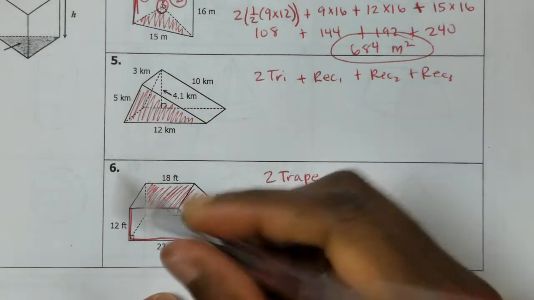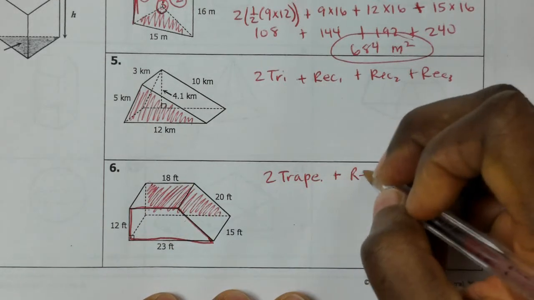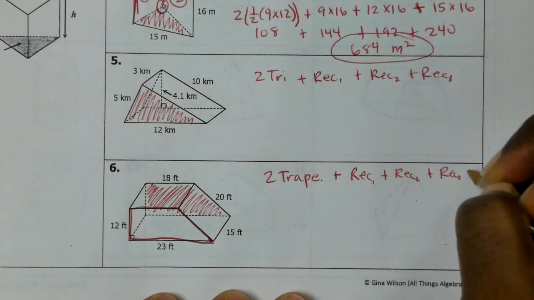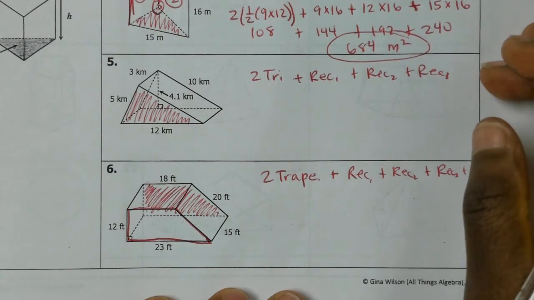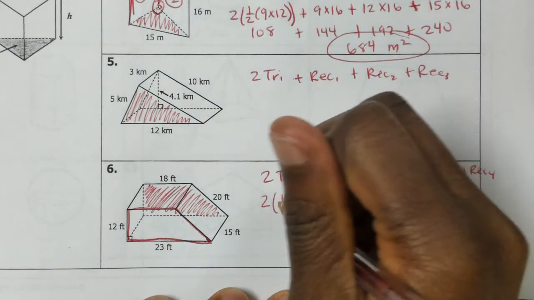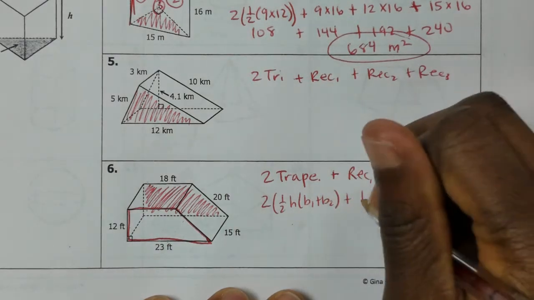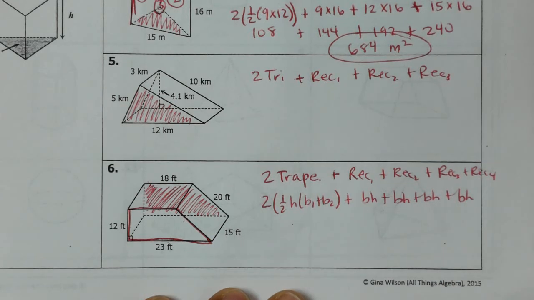And because the trapezoids have 4 sides, there are going to be 4 rectangles. So rectangle 1, rectangle 2, rectangle 3, and rectangle 4. Alright, so the 2 trapezoids' area is 1/2 height, base 1 plus base 2, and then obviously we've done the rectangles enough to know that it's just BH.